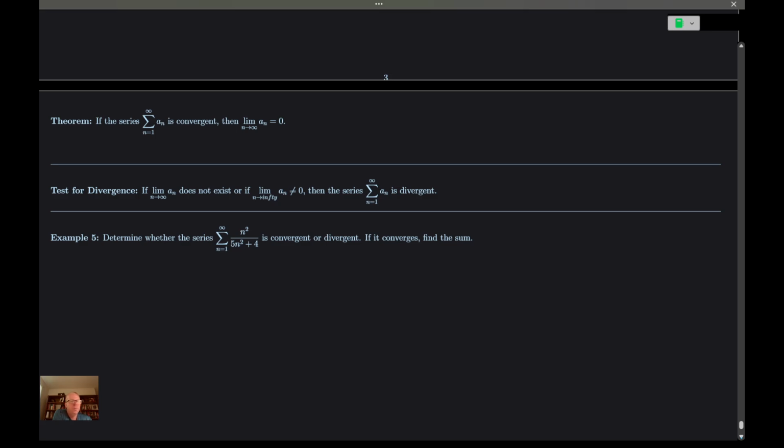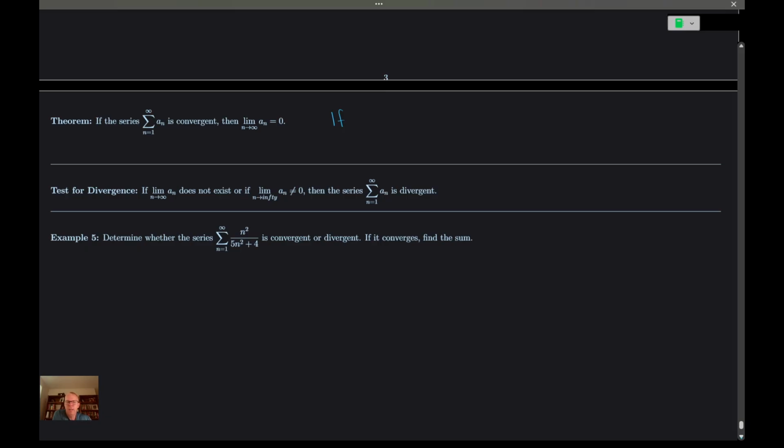Now, one truth about logic: if you have an if-then statement, you can negate both parts and reverse the order. So we're going to put this one first, and take the opposite of this side.